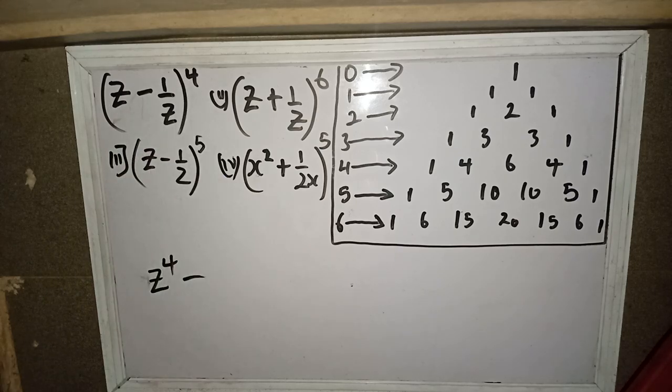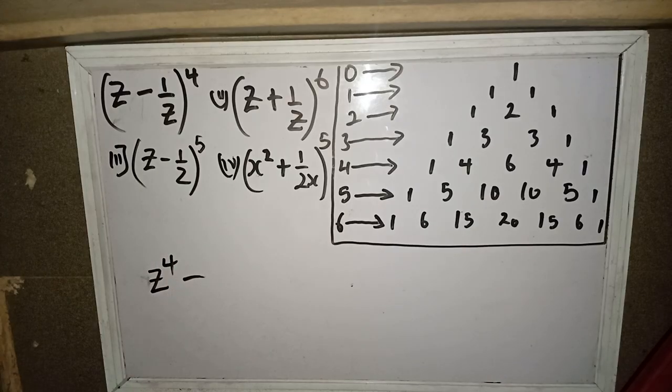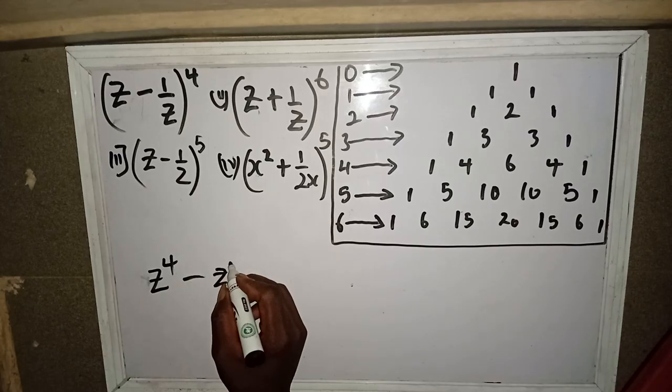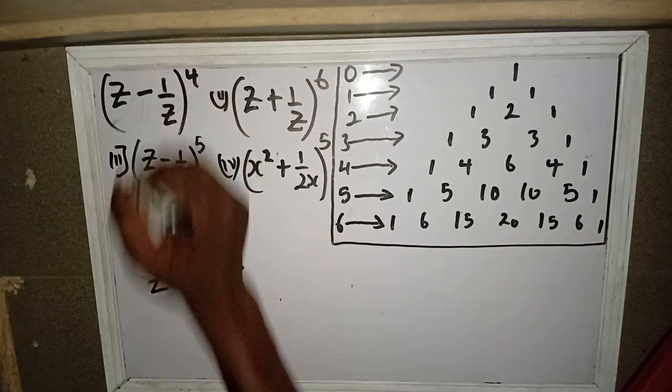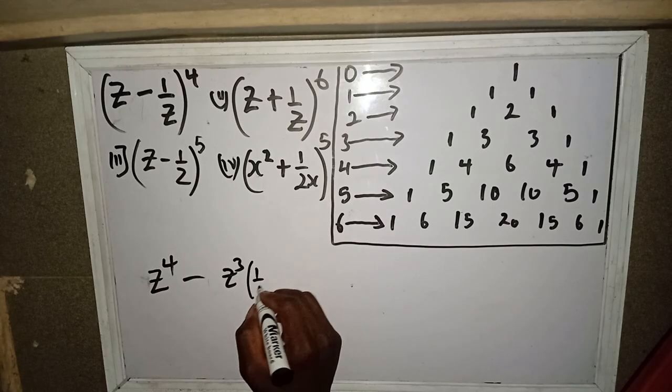So now, this one will carry the power. Then the other one has power of 0, which is 1, times this. Now the next one, this one will reduce by 1, z cube, then this one carries power of 1, times 1 over z.